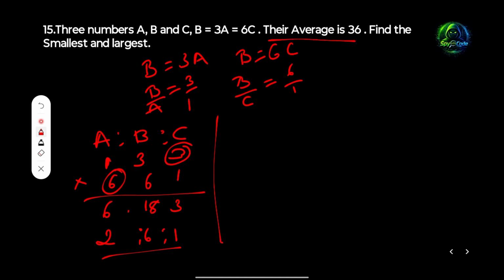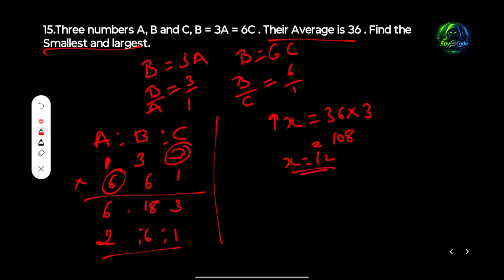So their average is 36. So this is 7 plus 2, 9. So 9x equals 36 into 3, which is around 108. So x is 12. We need to find the smallest and largest from this.